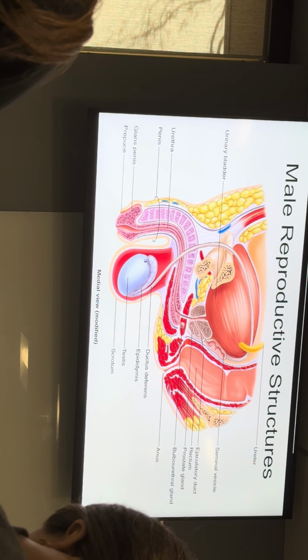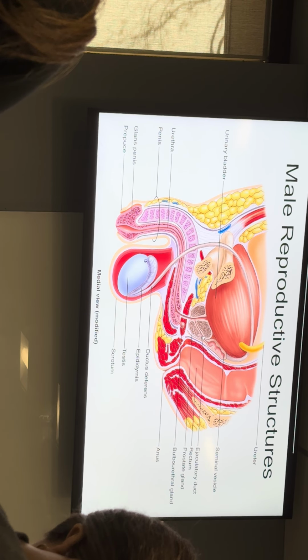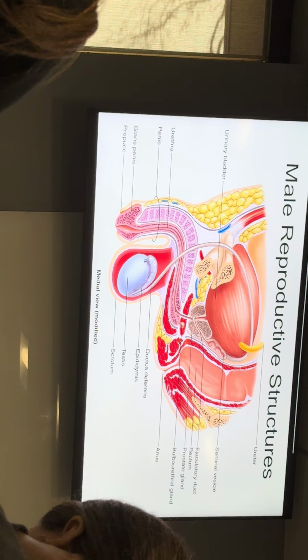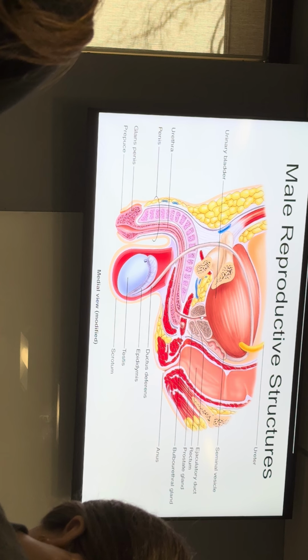Then you have two ejaculatory ducts, one from each seminal vesicle, and that goes through the prostate. The ejaculatory ducts bring both the sperm and your seminal fluids through the prostate into the prostatic urethra to be stored as emissions. And here's your prostate that surrounds your prostatic urethra.